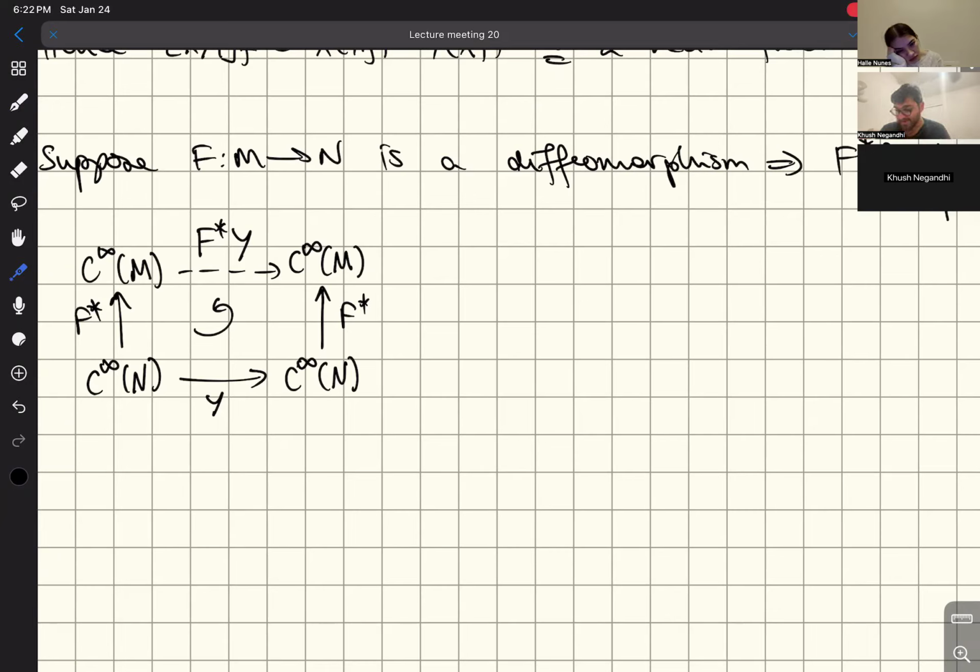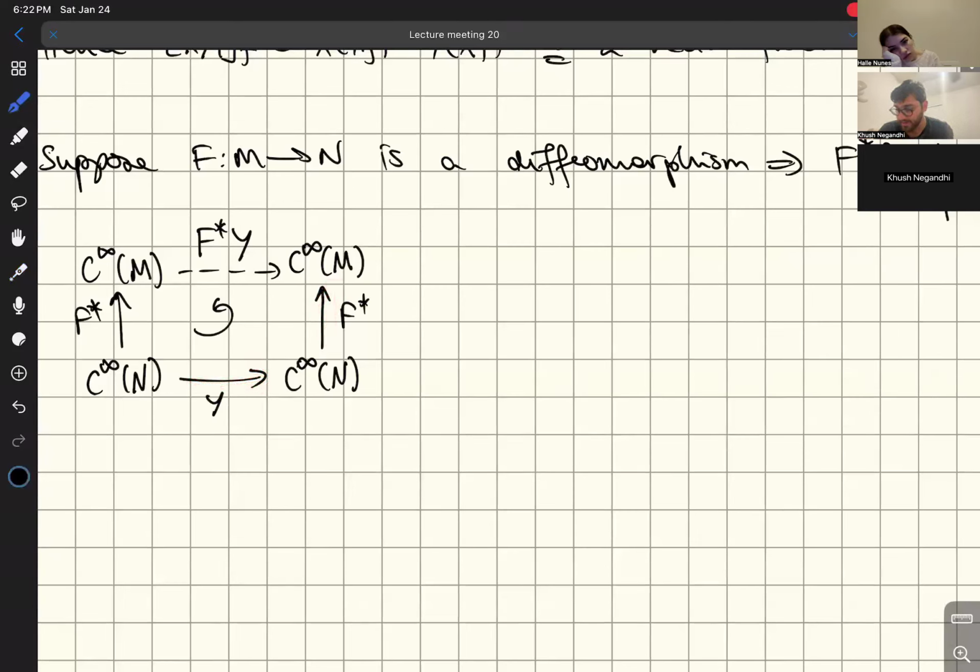And so the idea is that I can get from C infinity of N into C infinity of M in two ways, using the vector field and the pullback. I could first take the pullback and then move over by some vector field, or I could first apply my vector field and then pull back.